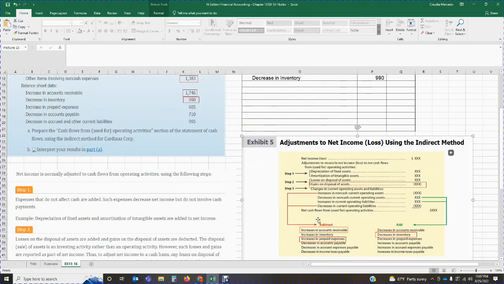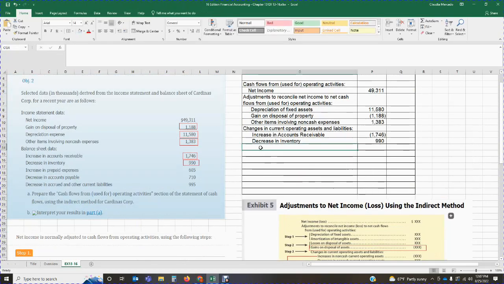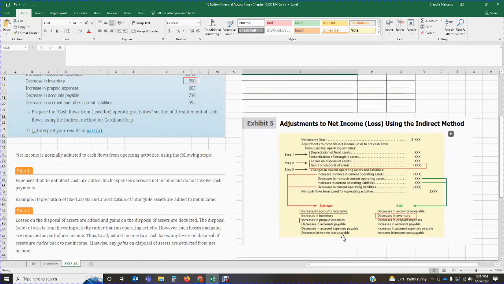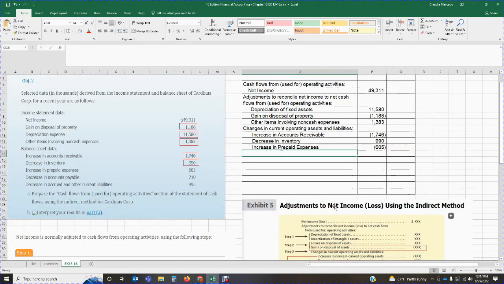That means we're going to subtract 605. And that is 605. And why am I deducting? Because it says here that if you have an increase in prepaid expenses, you have to subtract.